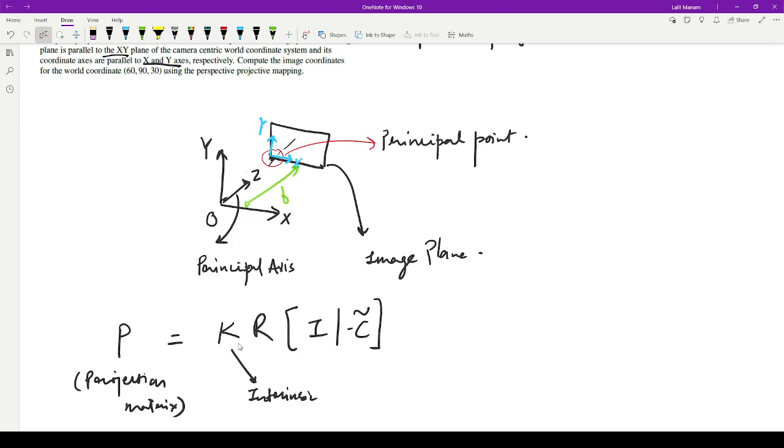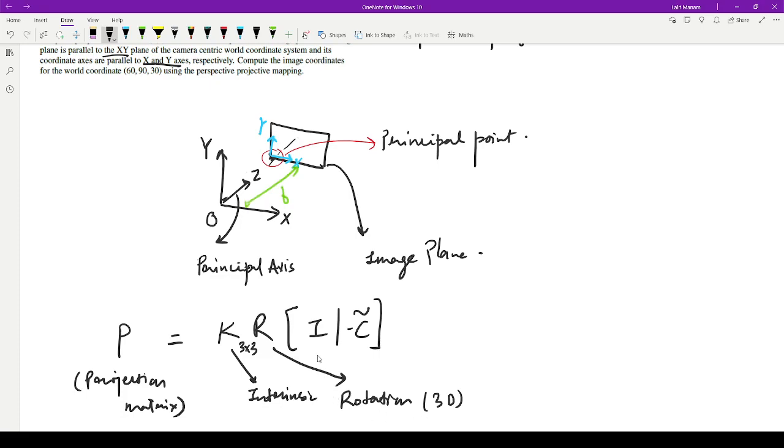Someone was trying to speak. You can just unmute yourself and say directly. It's fine. So its dimension is 3 cross 3. And what is R? R is the rotation matrix, right?